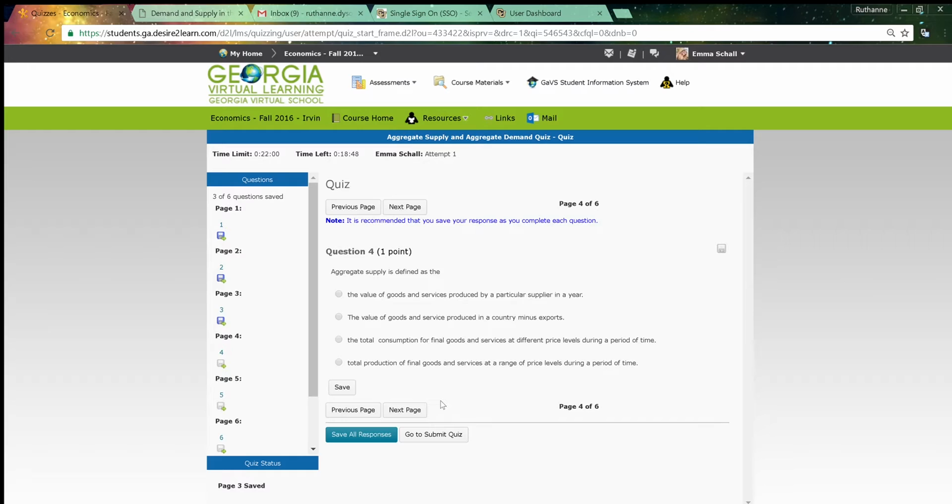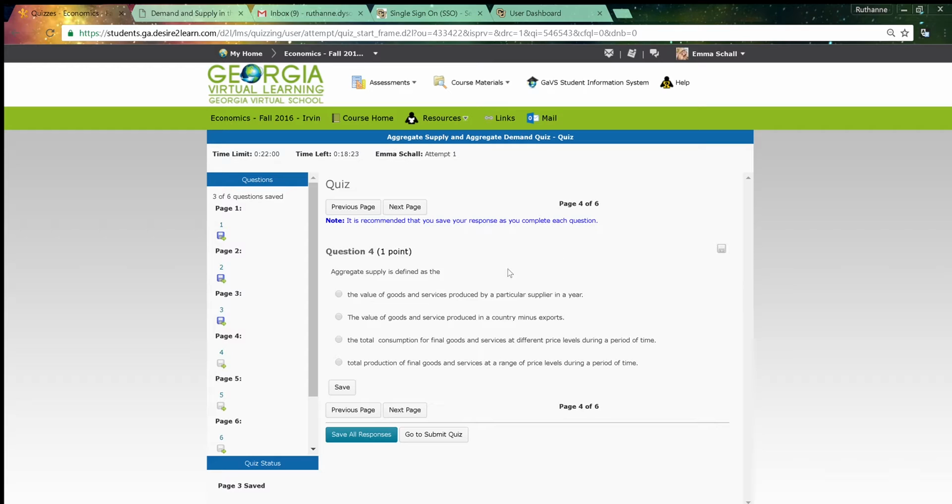Number 4, aggregate supply is defined as the value of goods and services produced by a particular supplier in a year, value of goods and services produced in a country minus exports, the total consumption for final goods and services at different price levels during a period of time, the total production of final goods and services at a range of price levels during a period of time.